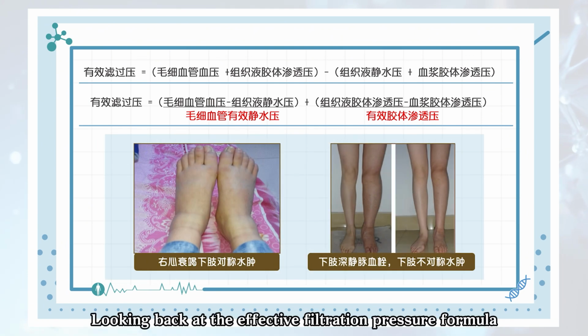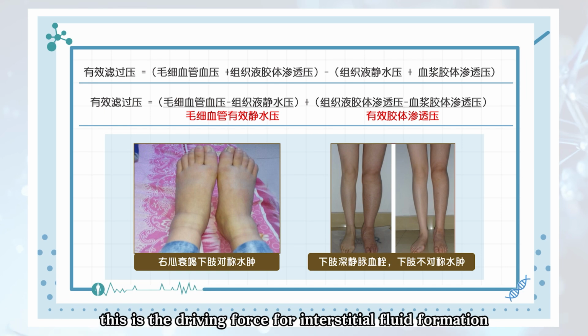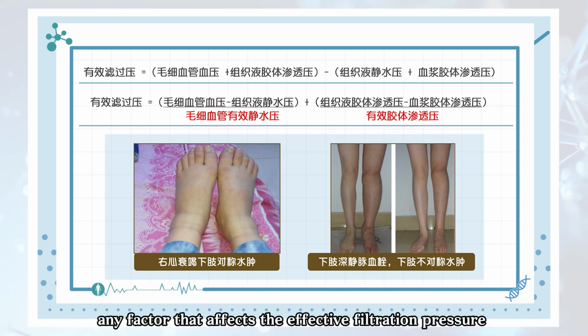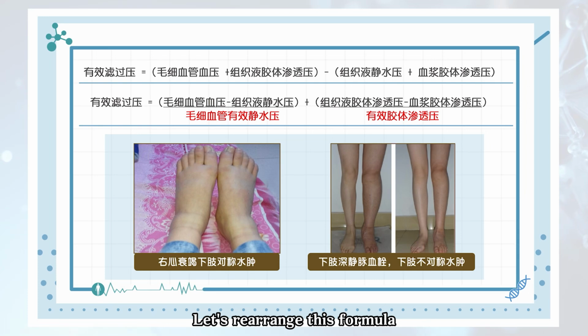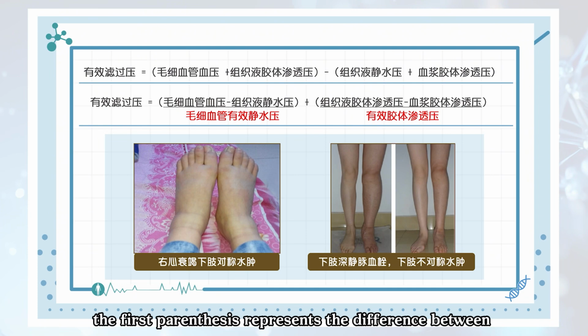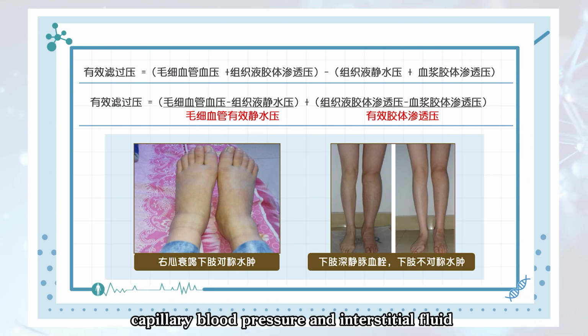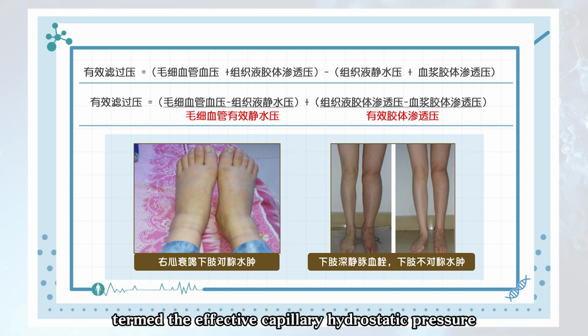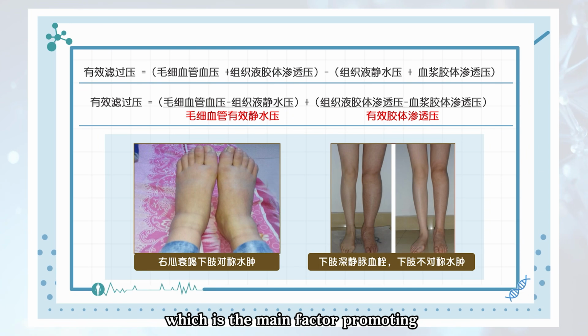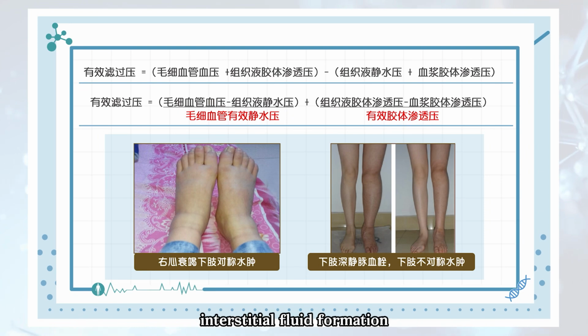Looking back at the effective filtration pressure formula, this is the driving force for interstitial fluid formation. Therefore, any factor that affects the effective filtration pressure can potentially disrupt the balance. Let's rearrange this formula. On the right side of the equation, the first parenthesis represents the difference between capillary blood pressure and interstitial fluid hydrostatic pressure, termed the effective capillary hydrostatic pressure, which is the main factor promoting interstitial fluid formation.